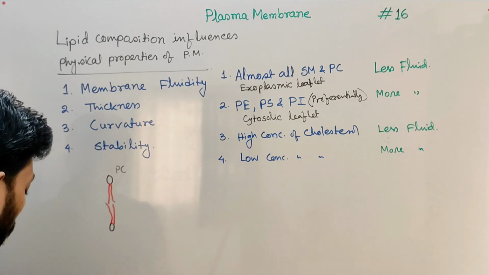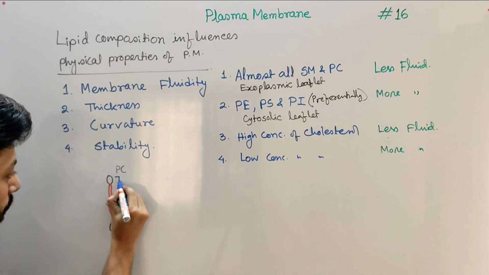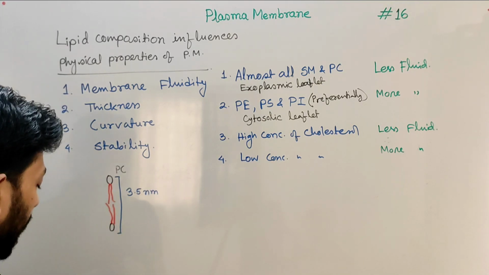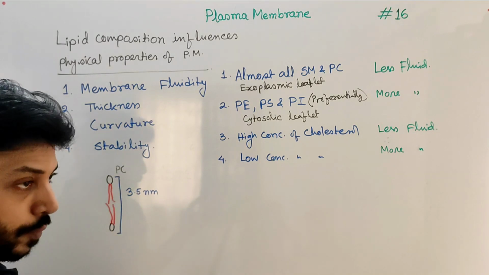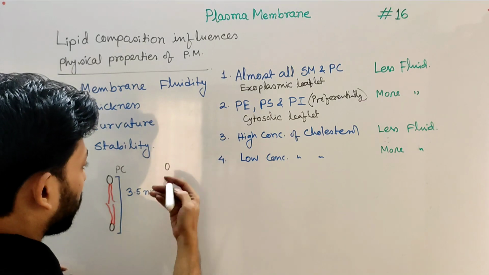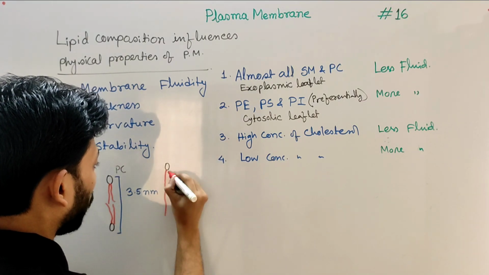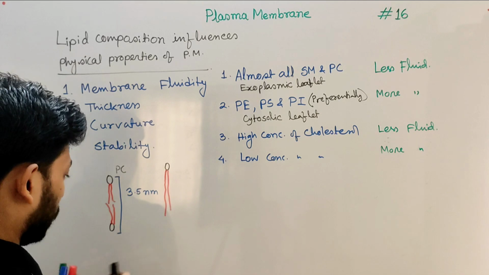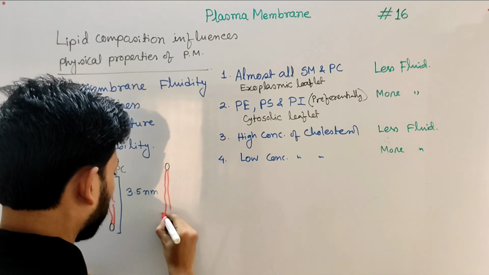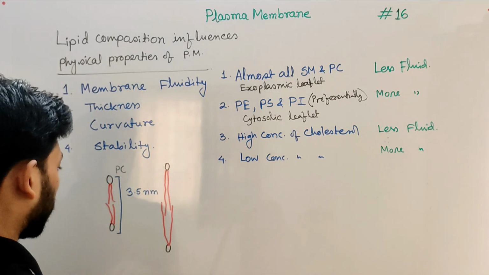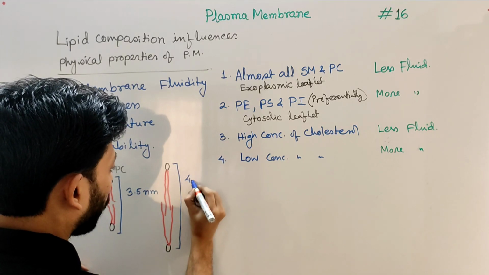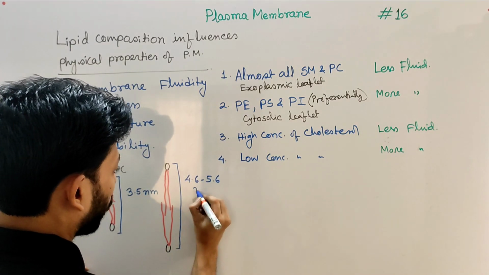Now the thickness of these two lipids is approximately 3.5 nanometer, and in case of sphingomyelin, if the two layers contain sphingomyelin, then the thickness of these two lipids will be 4.6 to 5.6 nanometer.